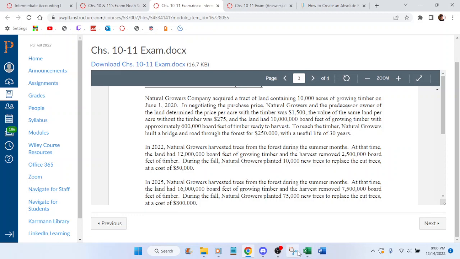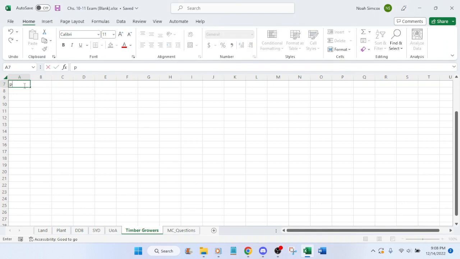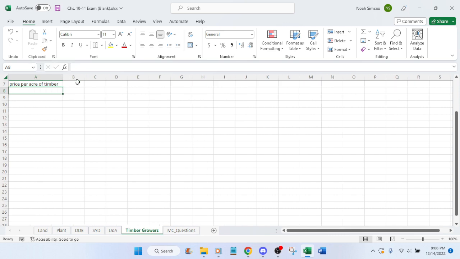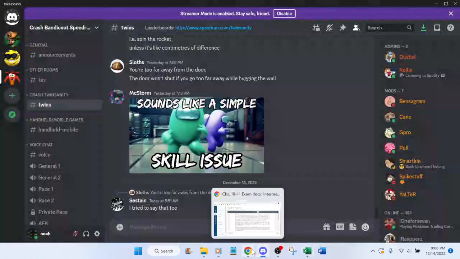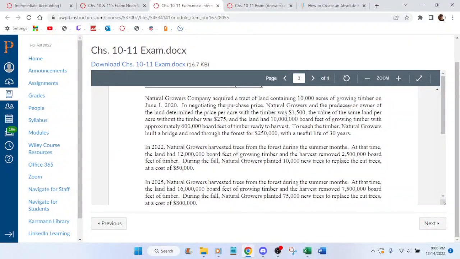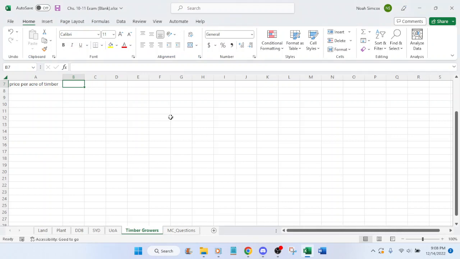Okay, price per acre of timber. So it's actually going to be 1,500 minus 275.